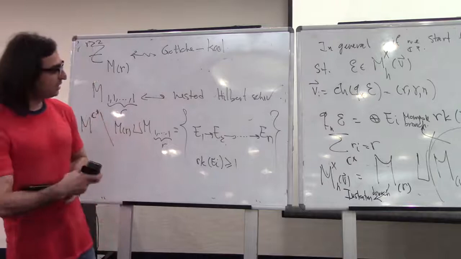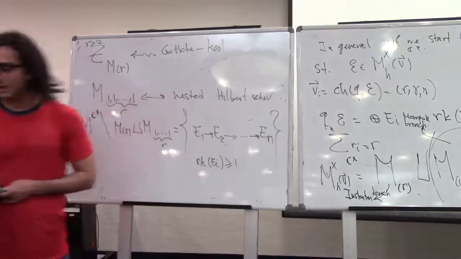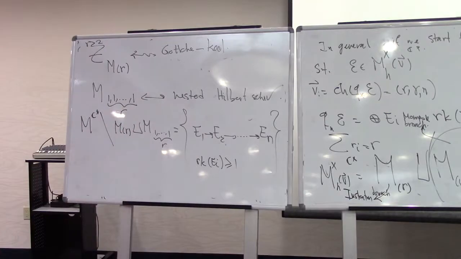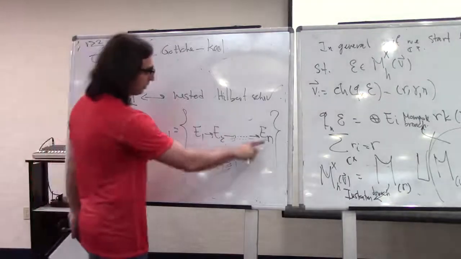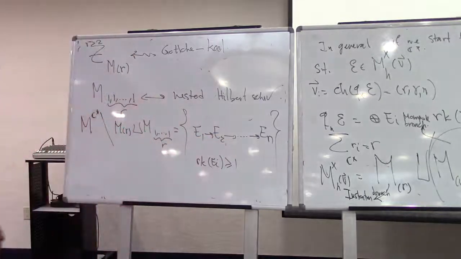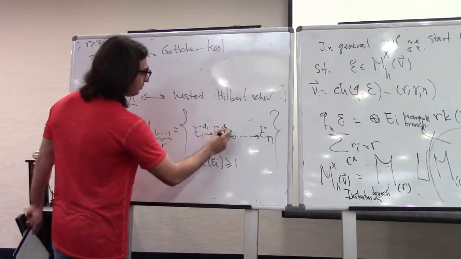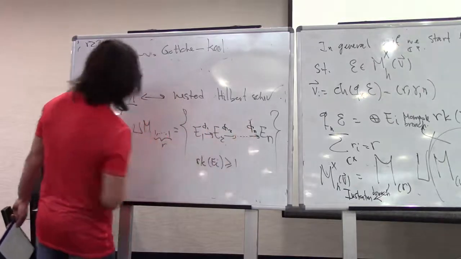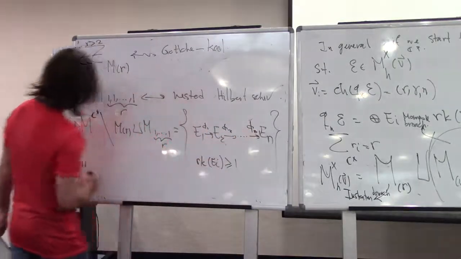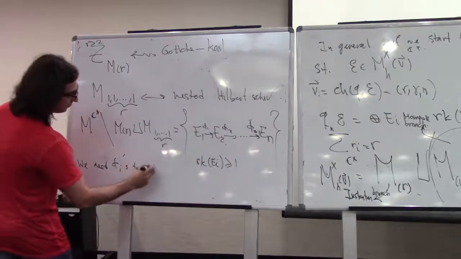If you want to define a notion of deformation obstruction theory for these things, I don't have time. But the certain technicality is that, first of all, you need to have the condition that these maps are injective, or else you will never obtain a well-defined perfect deformation obstruction theory. So we need phi_1, phi_2, up to phi_{n-1}. We need the phi_i's to be injective.